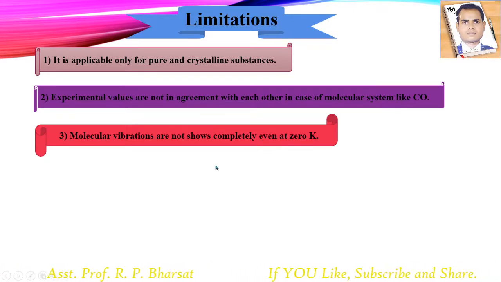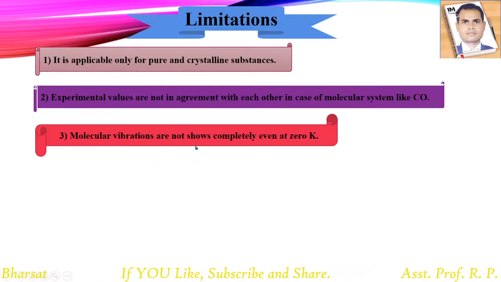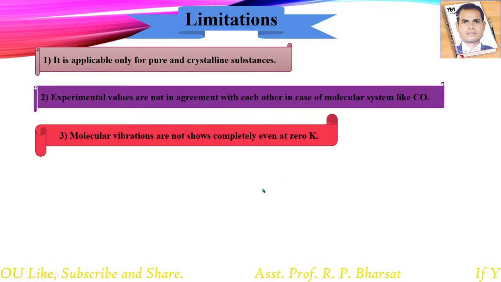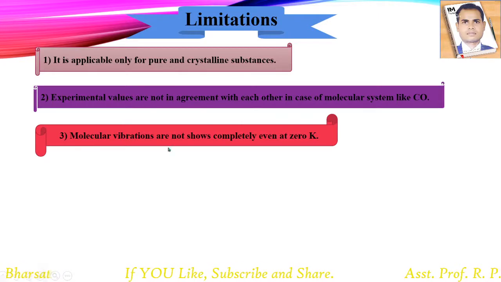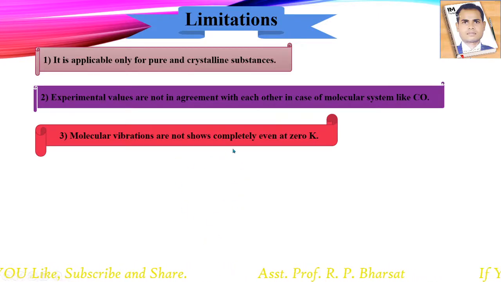And the third one is that molecular vibrations are not completely eliminated even at 0 Kelvin. So all these limitations we have to remember in the third law of thermodynamics.